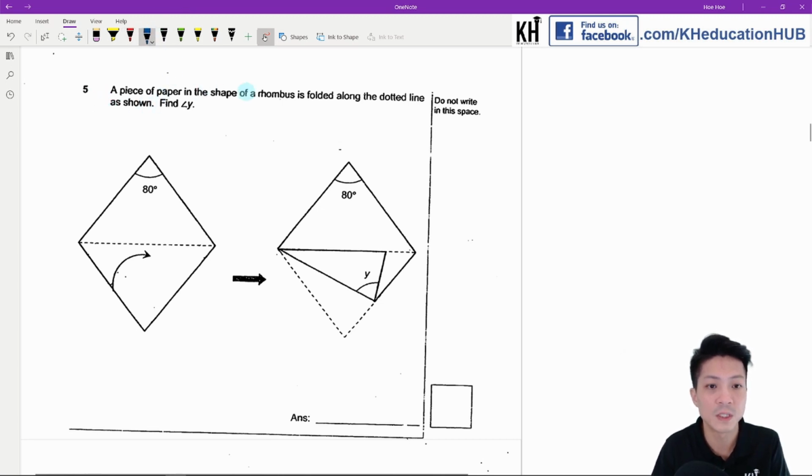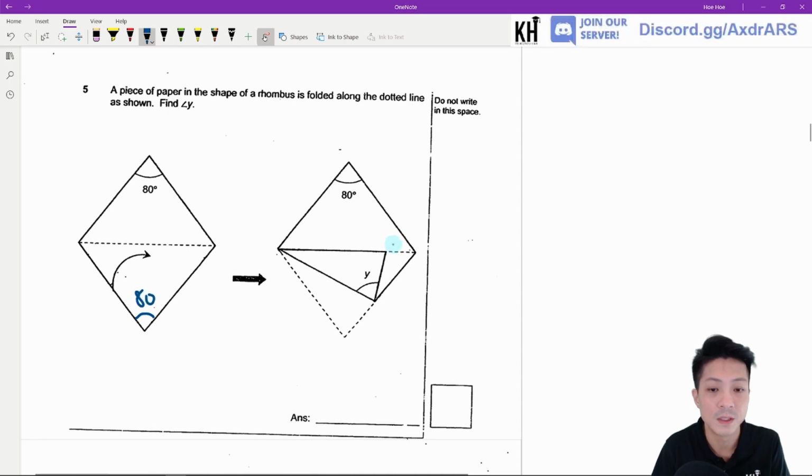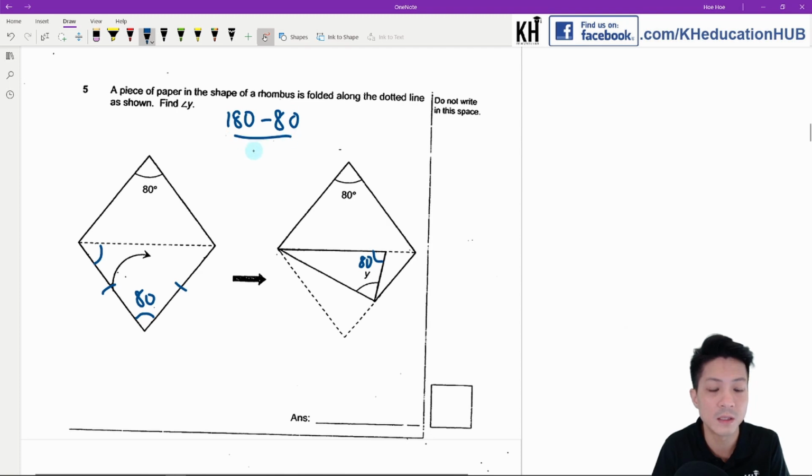Question 5, a piece of paper in the shape of a rhombus is folded along the dotted line as shown. Find the angle Y. In this case, we know that this is 80, which means that this over here is also 80. We can find this angle because this is an isosceles triangle. 180 minus 80 divided by 2 will give me 50.